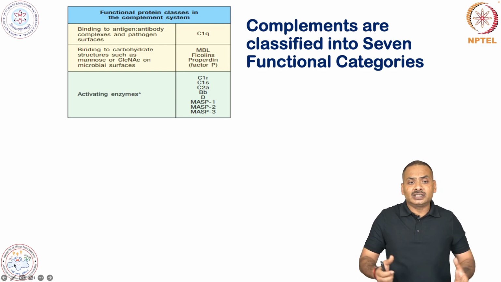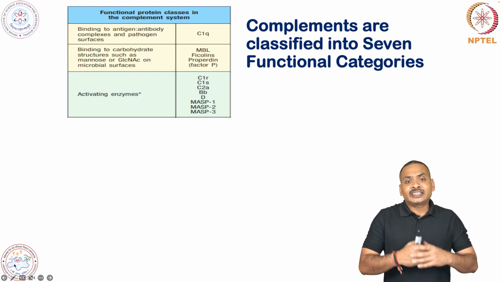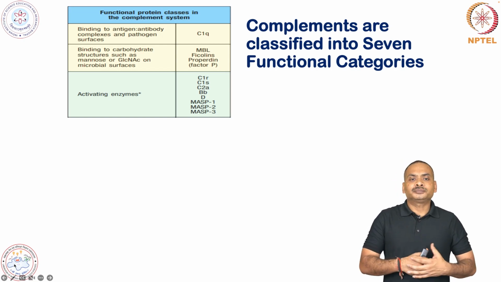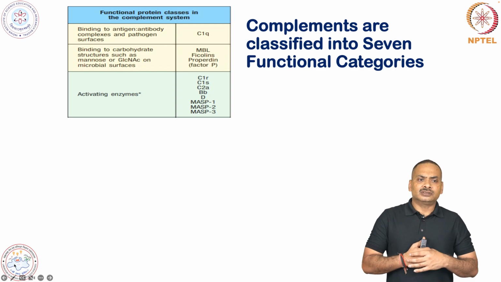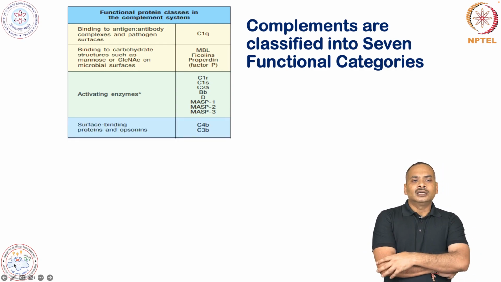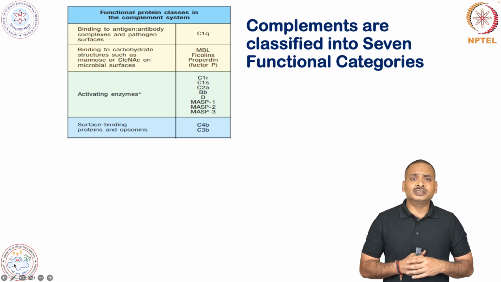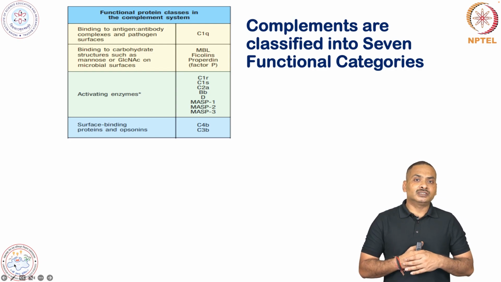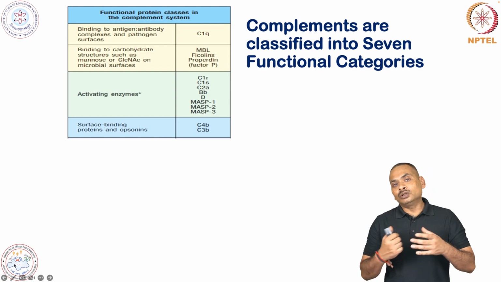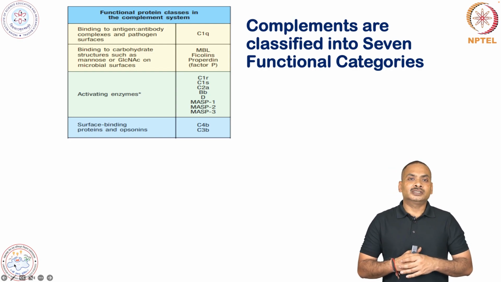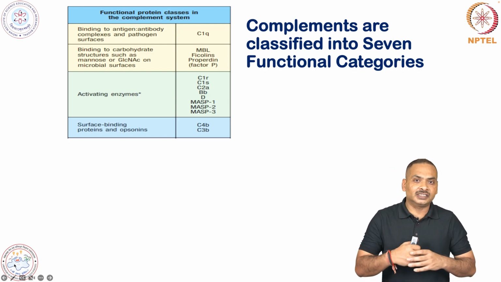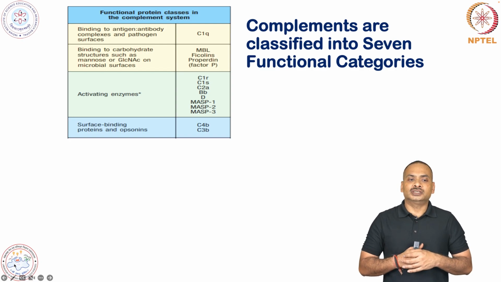So these basically activate the enzymes. Okay, they trigger the enzymes. Another is surface binding proteins and opsonins. I have explained what opsonization is. So all those molecules involved in opsonization, we call opsonins.